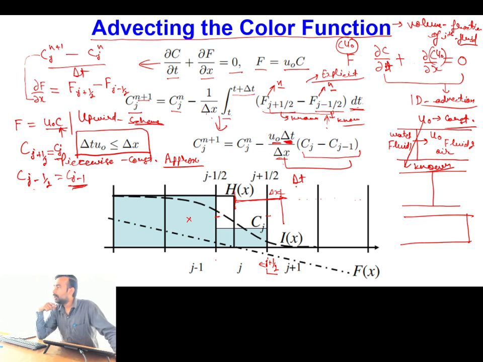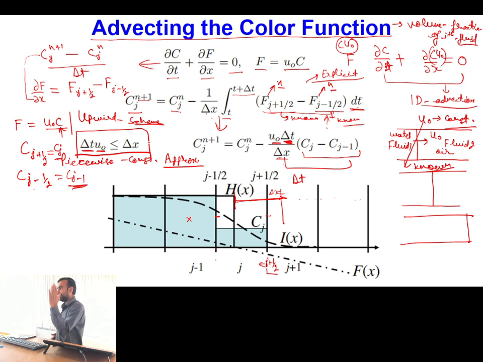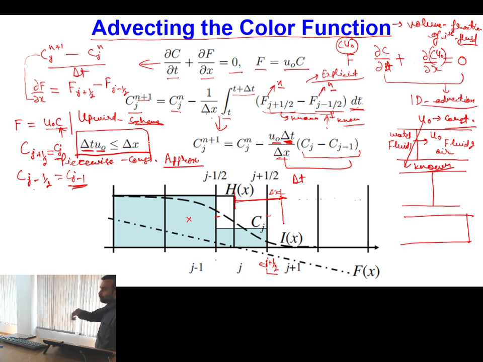So that's why we need to limit the time step. So you can see, if u naught is velocity and delta t is time step, how much linear distance can it move? U naught into delta t. That u naught into delta t we are making less than or equal to delta x, so that because of the normal interface velocity, in a single time step, it should not take a jump of more than one cell size. All are clear with this point?